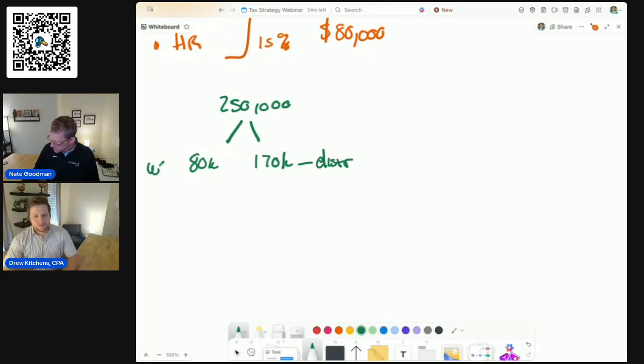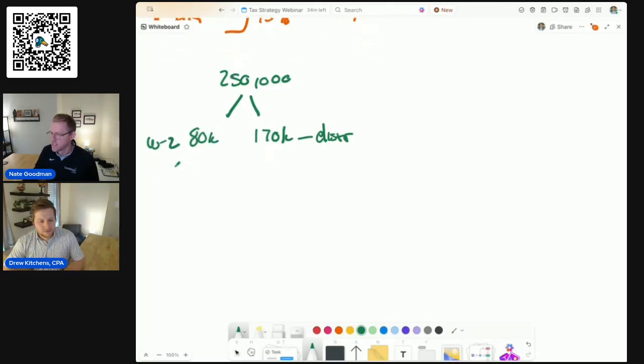And this is W2. Now, what we're going to end up with on this calculation of the $80,000, you're going to have 12.4% of Social Security tax. So that's going to equal $9,920. You're going to have 2.9% Medicare tax.